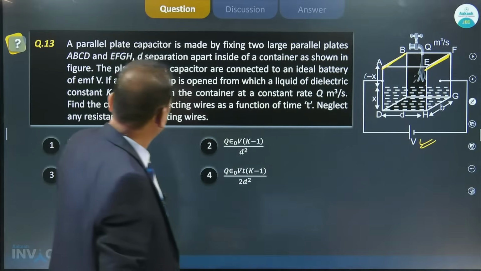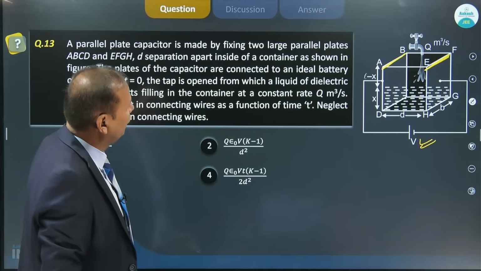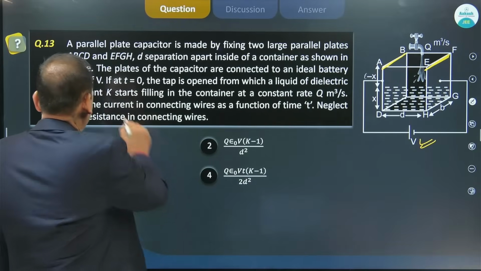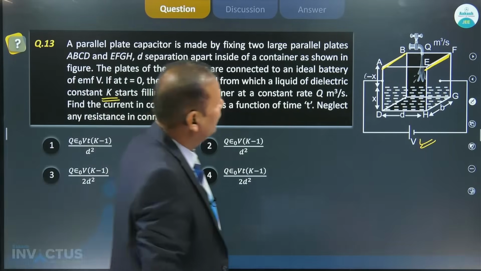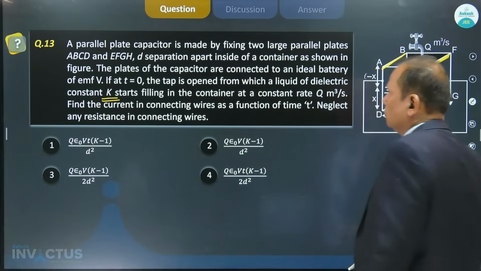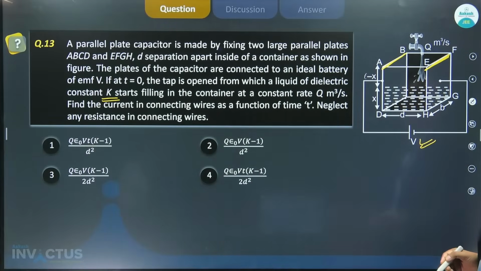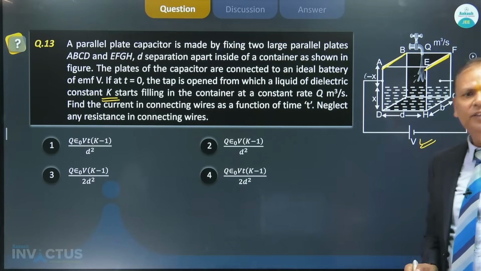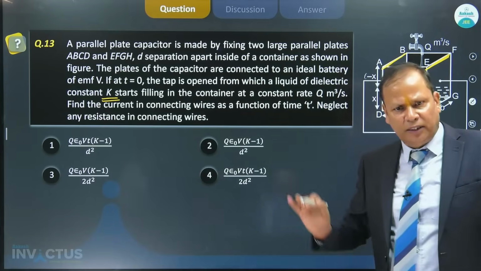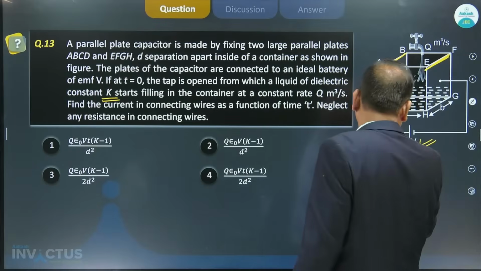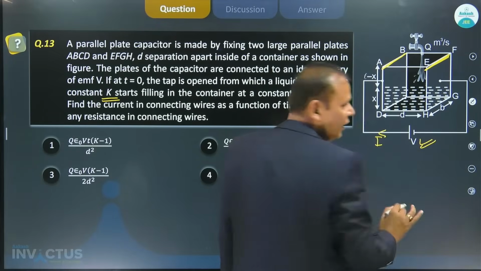At t is equal to 0, a tap is opened from which liquid of dielectric constant K starts flowing. It starts filling the container at a rate q meter cube per second. Find the current in the connecting wires as a function of time. किसी टाइम t पर कितना करंट होगा, इससे हमको यही निकालना है.